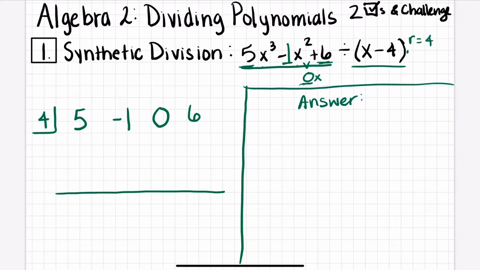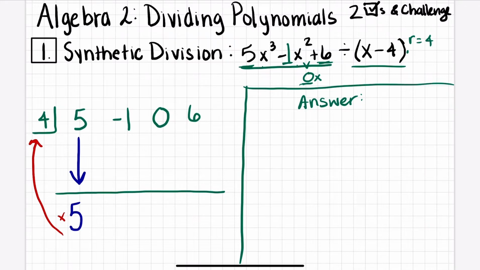All right. The first thing we do now is we drop the first number in the top line straight down. It's going to go under the line. What we do next is we multiply the 5 by the 4, which is going to give us 20.